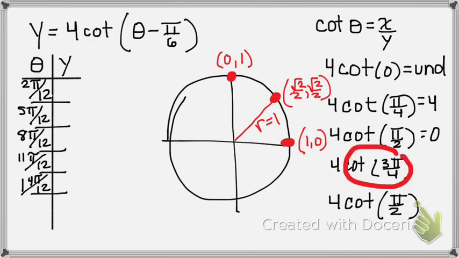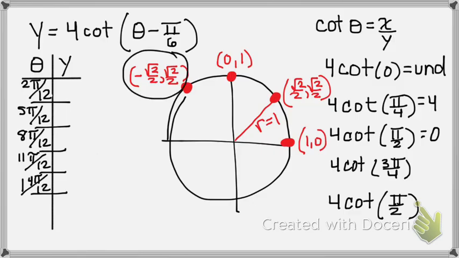Here, the cotangent of 3 pi over 4 puts us here, and the coordinates at that point are negative rad 2 over 2, positive rad 2 over 2. So if I take the x coordinate over the y coordinate there, I get negative 1. Cotangent of 3 pi over 4 is negative 1, times 4 is negative 4.